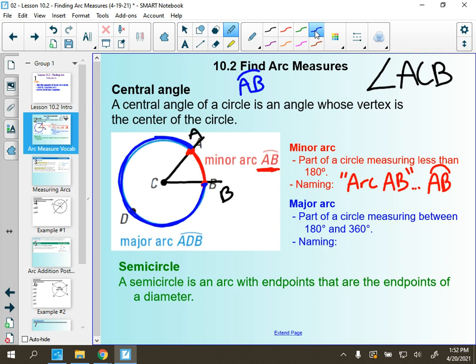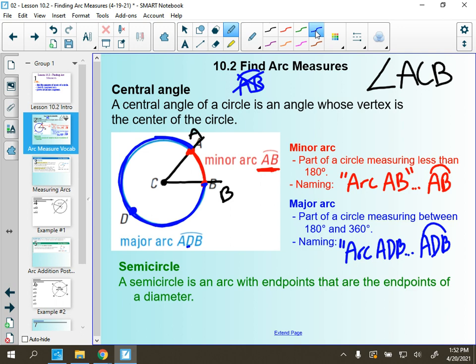Are we talking about the red one or the blue one? So for a major arc, the one difference is we add a point along the way. Point D, we just need another point to name it. So you're going to use three letters for a major arc. We'd still say arc ADB, and then abbreviate it the same way we did before, ADB, with just a big old arc over the top.